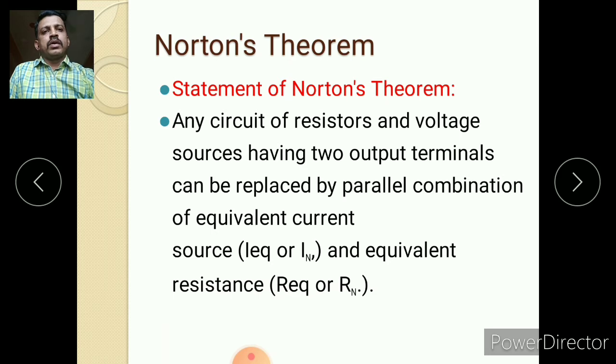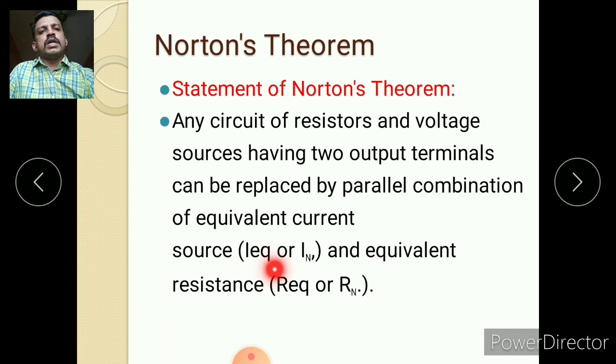So any circuit having two output terminals can be replaced by a parallel combination. This is important: a parallel combination of equivalent current source IEQ or IN and equivalent resistance REQ or RN. Here IN is known as Norton's current, RN is known as Norton's resistance.